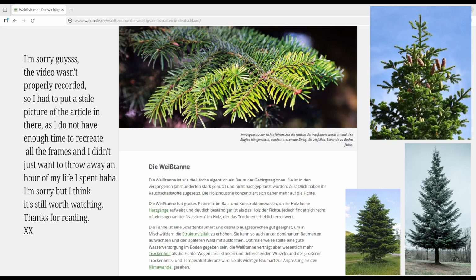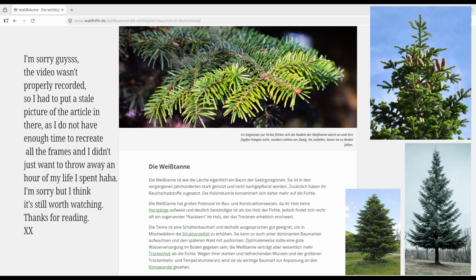And yeah, so she or it, sie ist in den vergangenen Jahrhunderten stark genutzt und nicht nachgepflanzt worden. She, it, is in the past century strongly used and not replanted, and so it was being used heavily in the last centuries and not planted back or replanted.